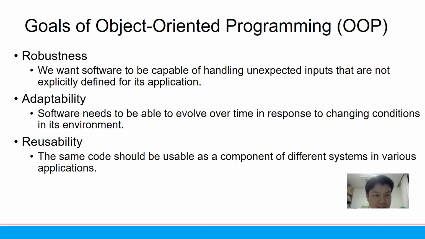And the adaptability. The adaptability means the software needs to be able to evolve over time in response to changing conditions in its environment. So if we have a car and we want to design a new car, which is an autonomous car, we need to add more machines and put more electrical components into the car so the car can drive automatically without any driver.